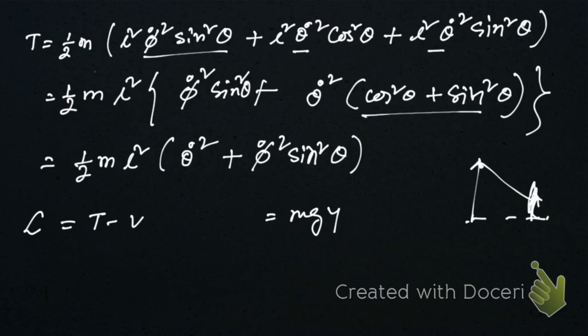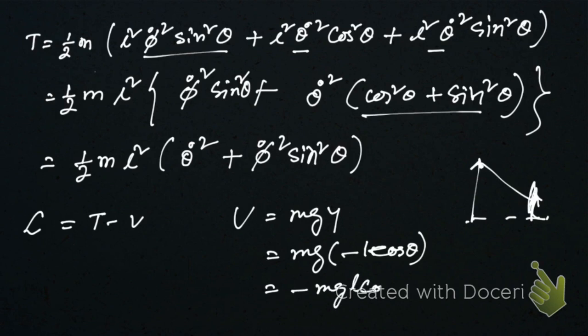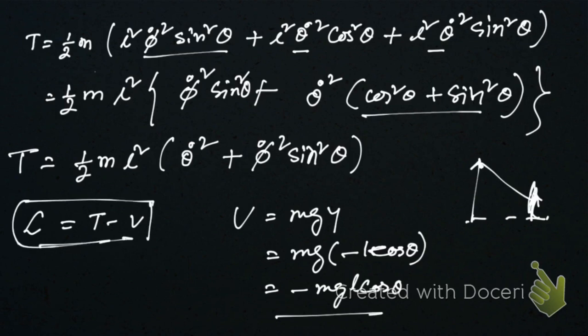And y is minus L cos theta. So that's why V is equal to minus mg L cos theta, right? Now if you put the value of T and V here, then what you will get?